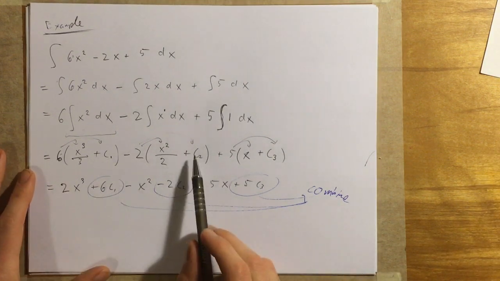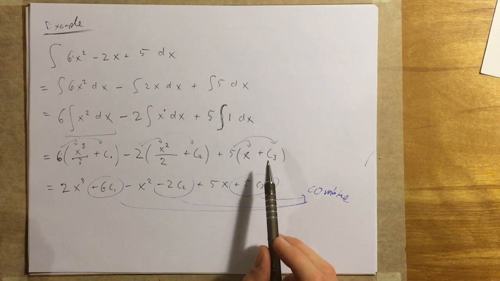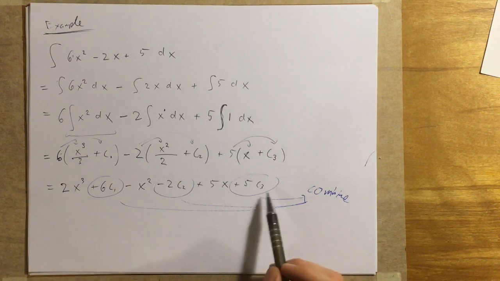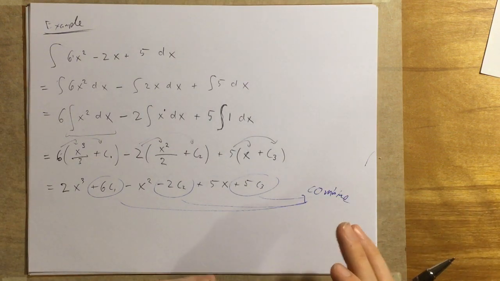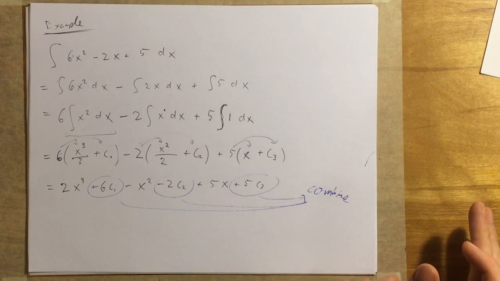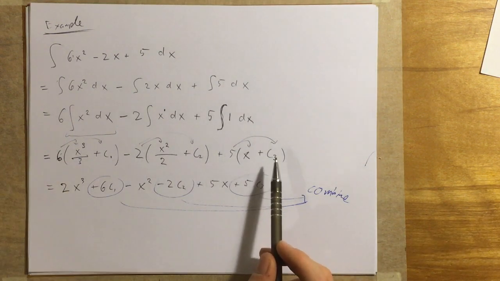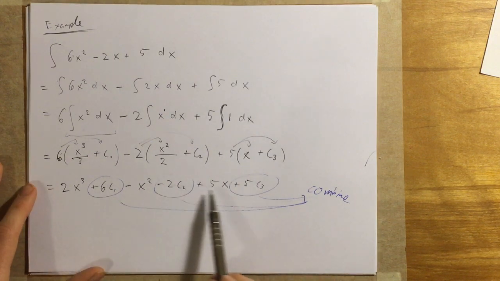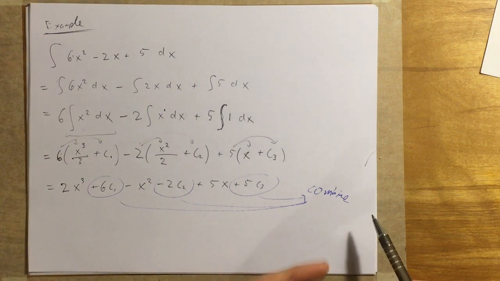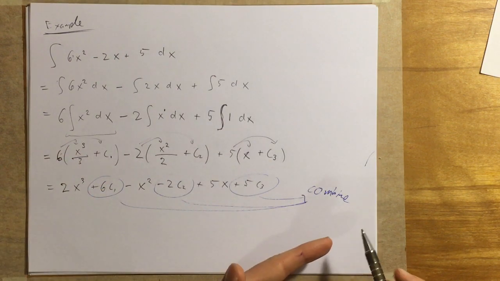If c1, c2, and c3 were all arbitrary constants, then if we combine multiples of those arbitrary constants, isn't the result also just an arbitrary constant? Let me say that a different way. If c1, c2, and c3 could be any real number, then if you combine multiples of those things, couldn't you still get any real number as a result? If the inputs could be anything, the output could be anything.